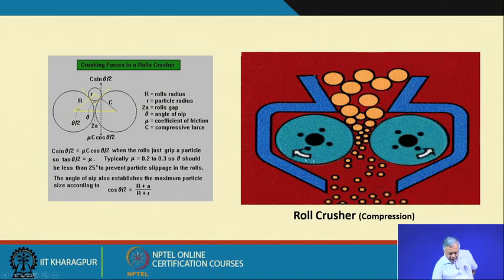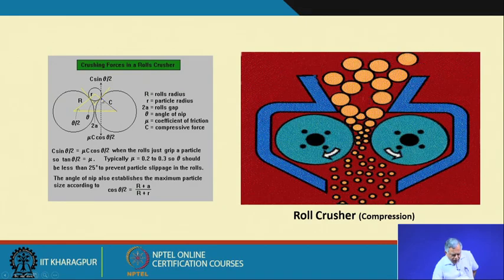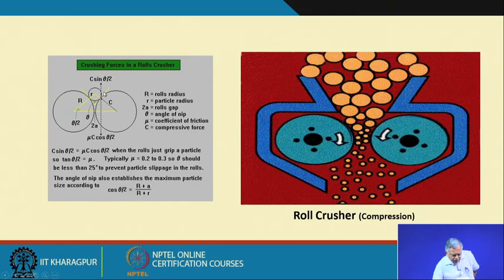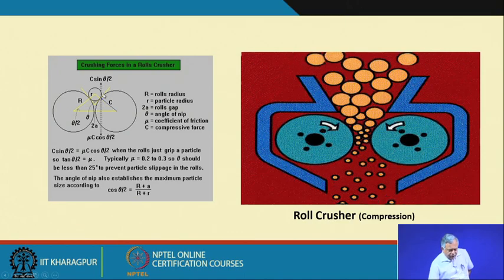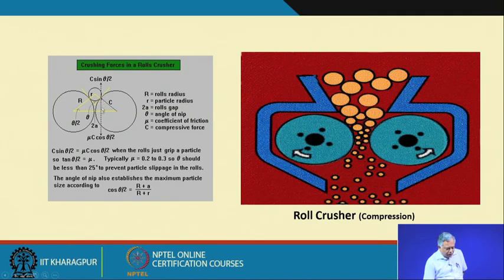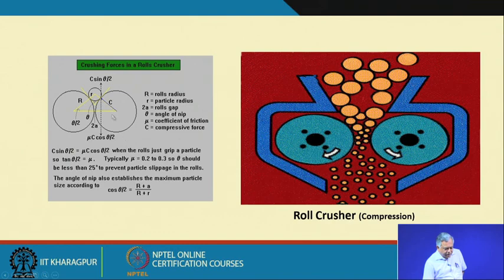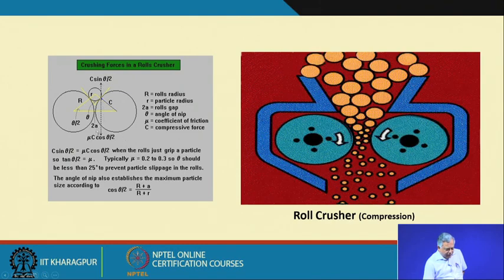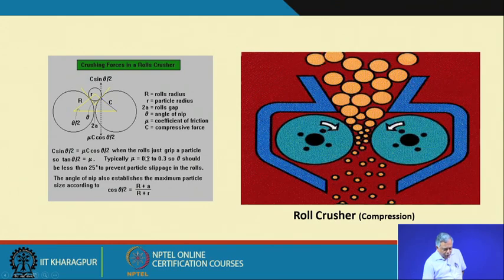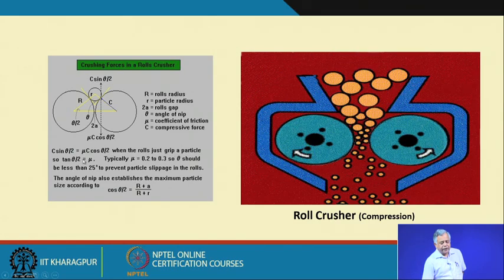By simple geometry, the small angle created here has to be theta by 2. So C sin theta by 2 is balanced by mu C cos theta by 2 when the rolls just grip a particle.